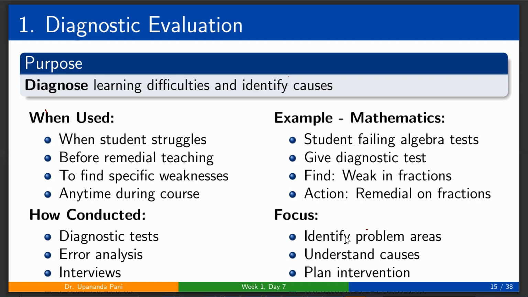Example, mathematics: a student failing an algebra test is given a diagnostic test to find weakness in fractions, and the action is remedial work on fractions. You conduct the diagnostic test, error analysis, interviews. The focus is to identify the problem areas, understand the causes and plan the intervention.